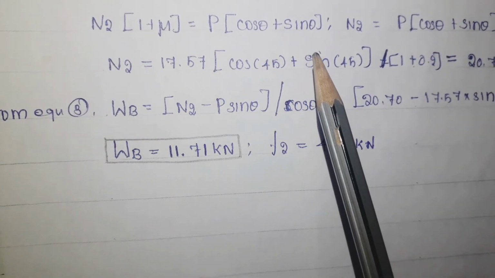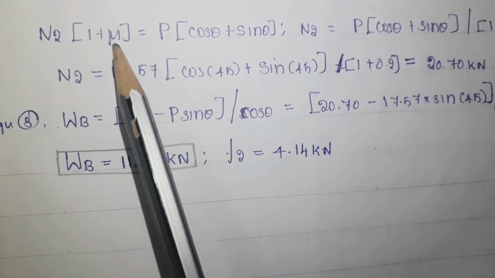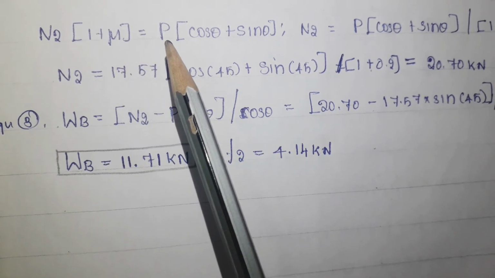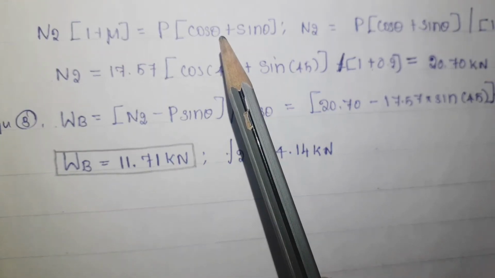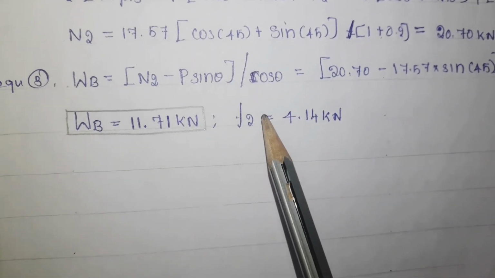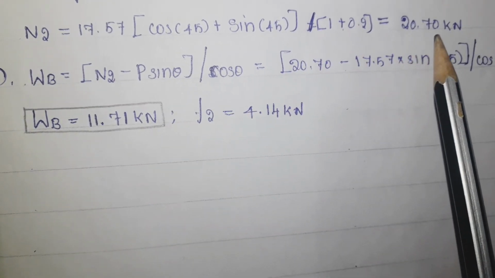Now you just substitute the values. Mu, you know the value, it is 0.2, the value of P is equal to 17.57, and in the place of theta just substitute 45 degrees. So finally you'll get the answer for N2 as 20.70 kilonewton.